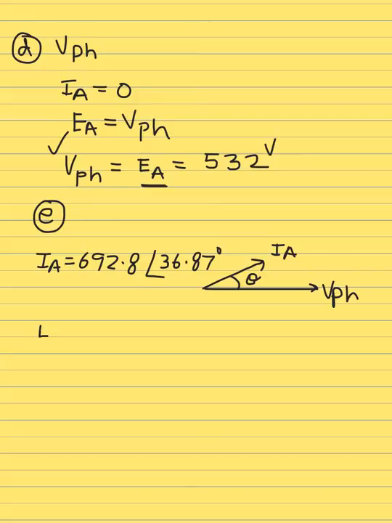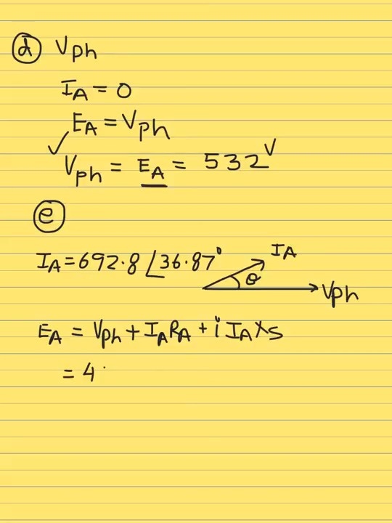So we'll calculate the value of EA using the same equation, V phase plus IARA plus IAXS. So I'll write down the equation one more time. It was V phase plus IARA plus IAXS.